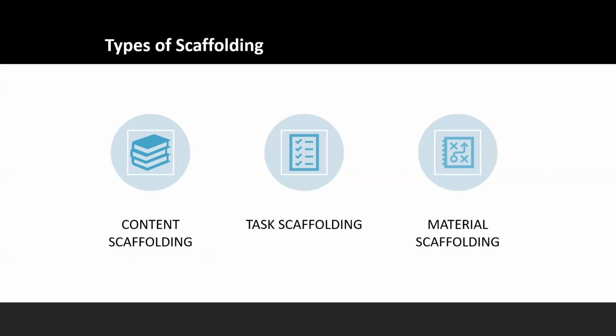You might also do material scaffolding. Some things that you can do in material scaffolding is you can use prompts to help students draw out information that they know. I do this a lot.